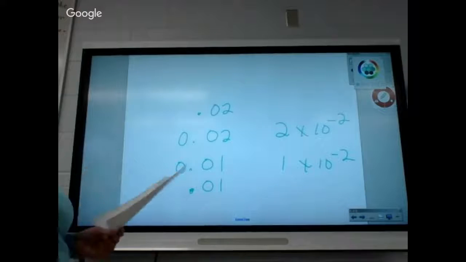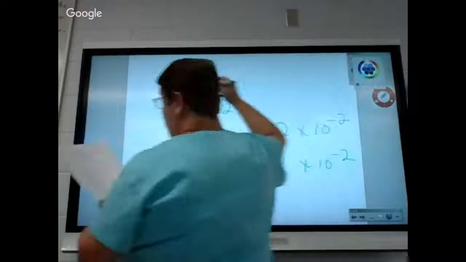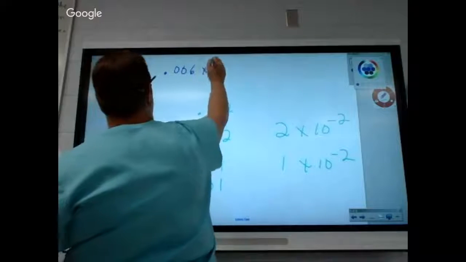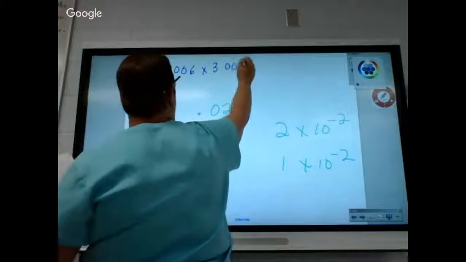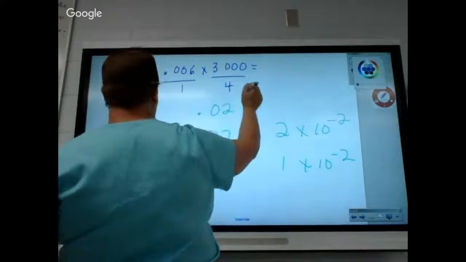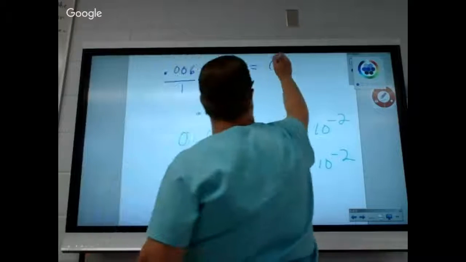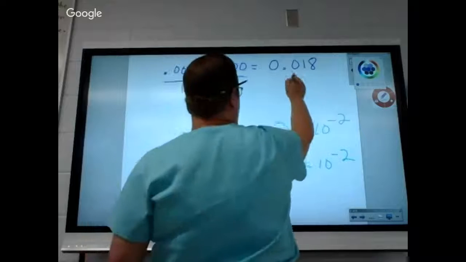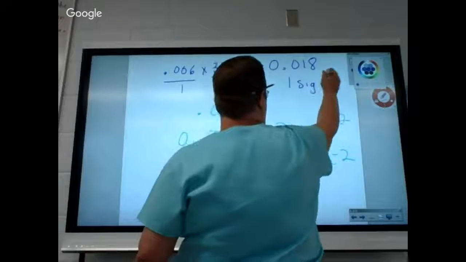Because you have 0.006 times 3.000. You have 1 significant digit and 4 significant digits. So when I calculated, I get this. So I can only have 1 significant digit.